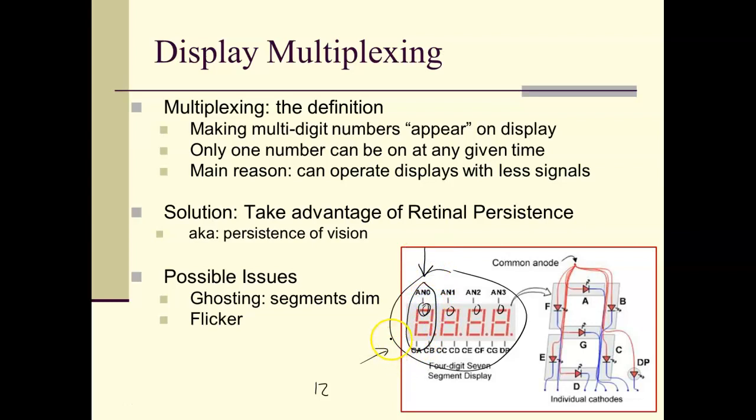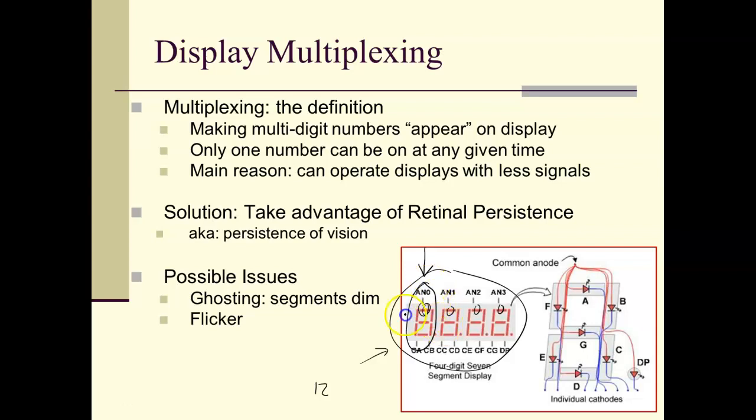The issue is that with that kind of model, I can only ever display one number at a time on this display. It can display as many numbers as you want so long as they're the same number, but at any given time I can only display one unique number.